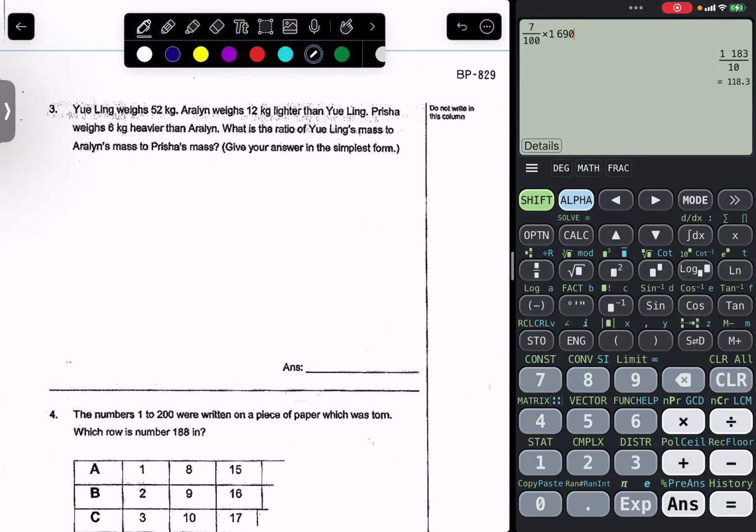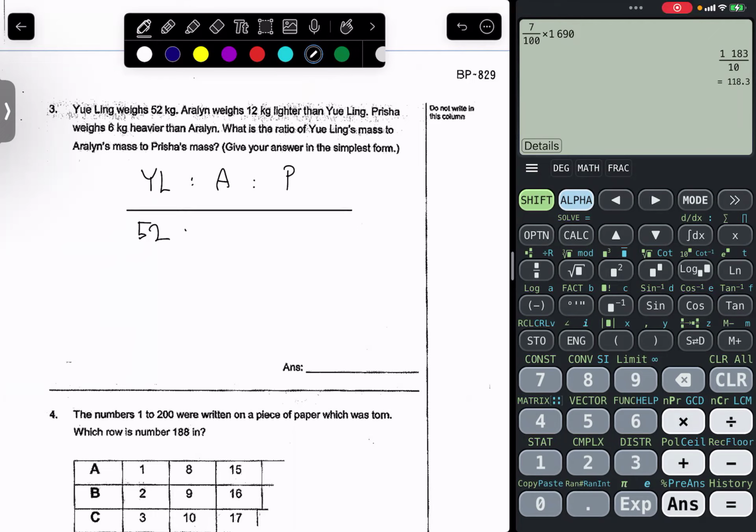Question 3. Yue Ling weighs 52 kg. Arlene weighs 12 kg lighter. Prisha weighs 6 kg heavier. So what is the ratio of Yue Ling to Arlene to Prisha? Since they want the ratio, let's set up the ratio: YL is to A is to P. YL weighs 52.